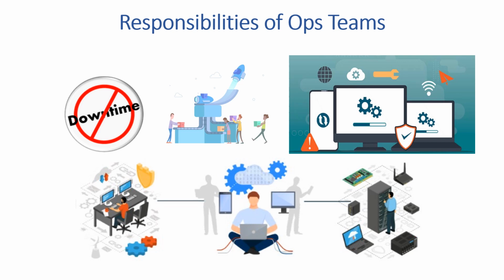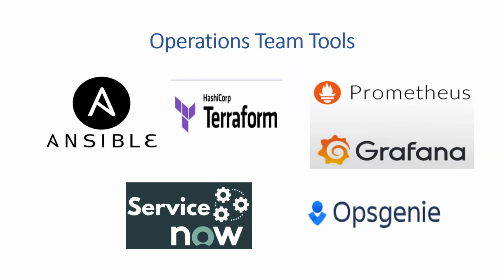The operations teams play a key role in software disaster recovery and business continuity plans. They plan, simulate, and try to predict the impact of a disaster event and reduce its effect on the product availability. The tech stacks that operations teams use to maintain software without any downtime are as follows.